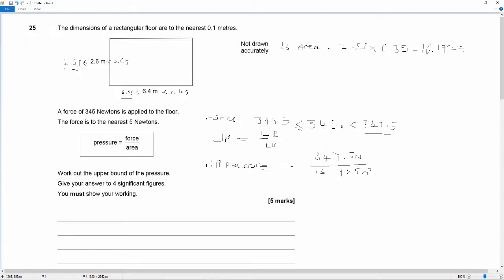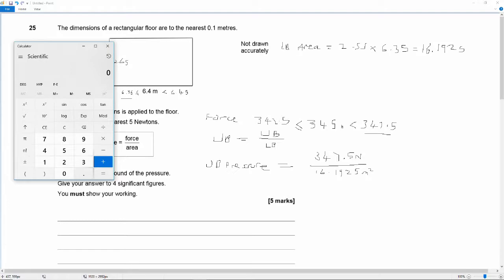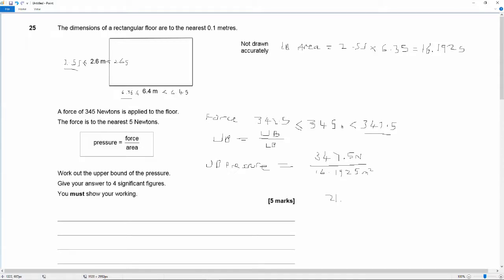Okay, so I'll just grab my calculator. So that's 347.5 divided by 16.1925, and that's equal to 21.46055.